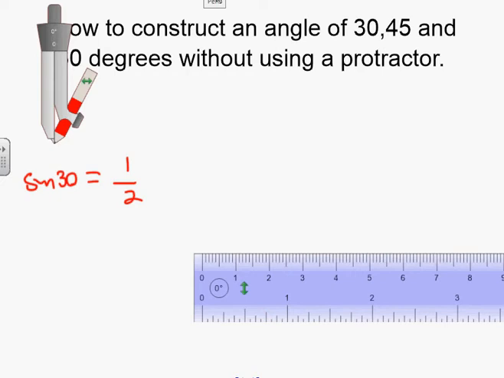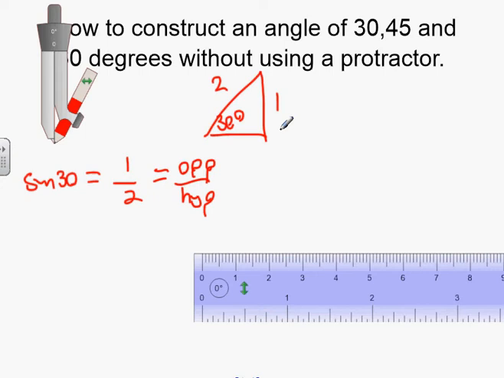Would you agree that if I had an angle of 30 here, because sine is opposite over hypotenuse, the hypotenuse is twice as big as the opposite? So the opposite is 1 and the hypotenuse is 2. You happy enough with that?